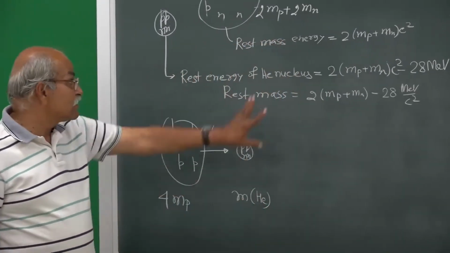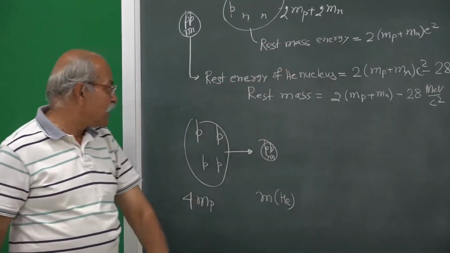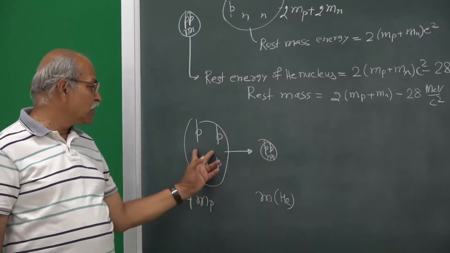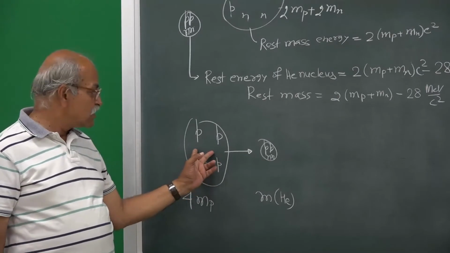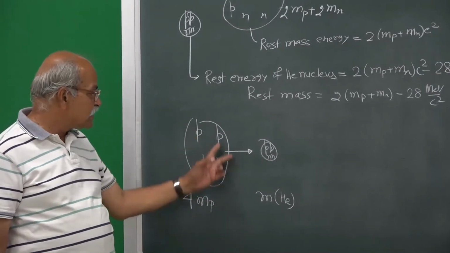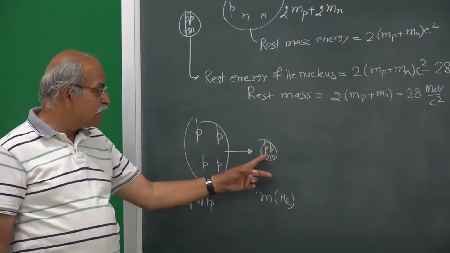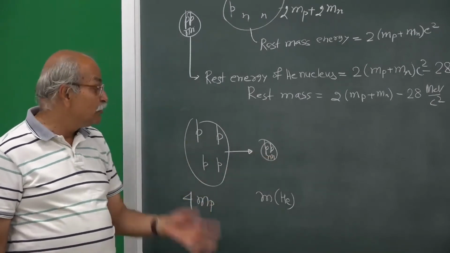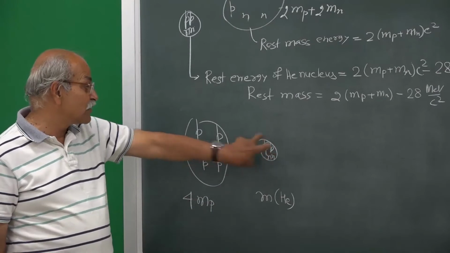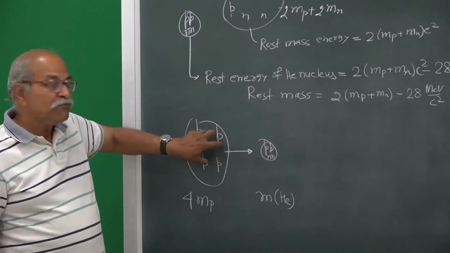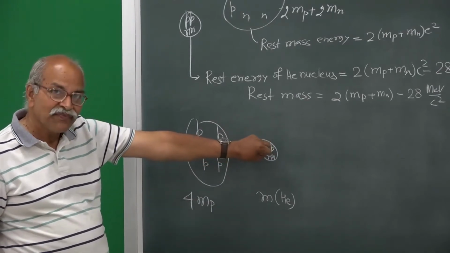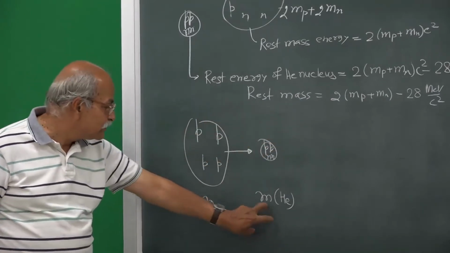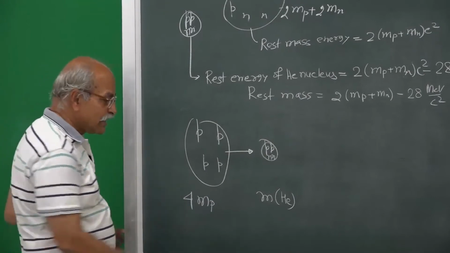So, if I do not look at all these things, I would believe that this rest mass is more than this rest mass, because here you have all 4 protons and here you have 2 protons and 2 neutrons, and neutrons are heavier than protons. But no, because of this bonding, this rest mass is less than this rest mass.